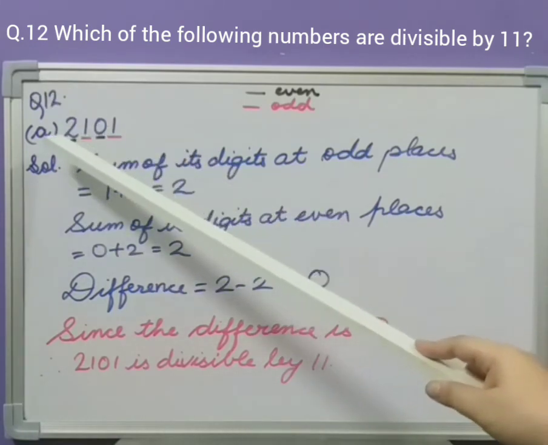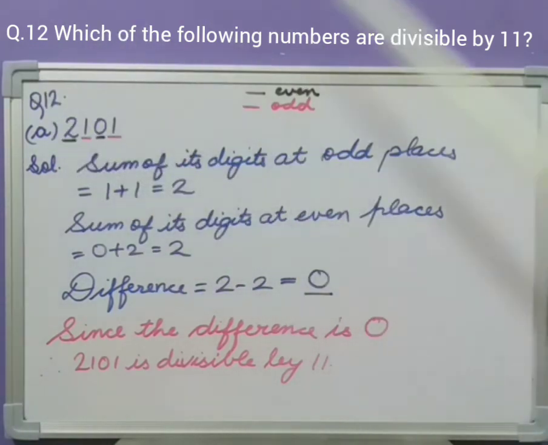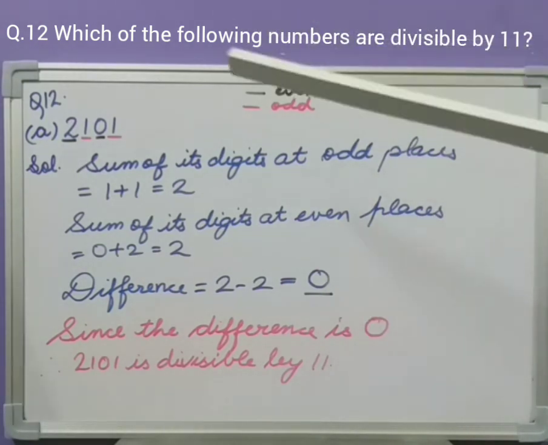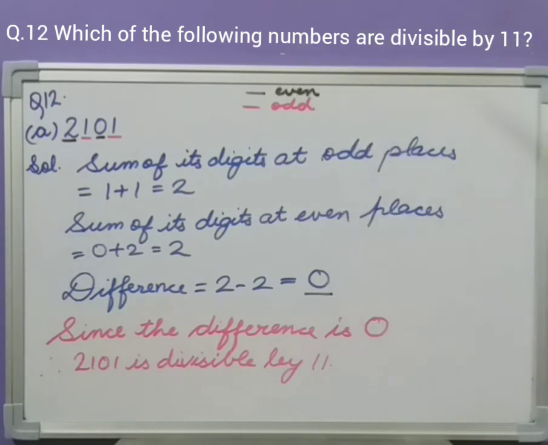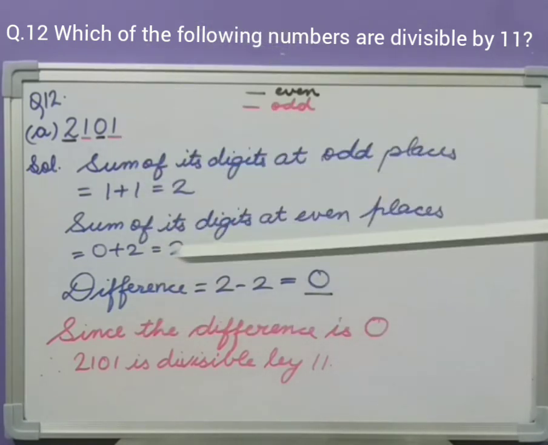These are the even places. So, we need to find out the sum of even places and the sum of odd places. After finding the sum, we need to find the difference of both. First, we find the sum of even places, then we find the sum of odd places. Then, we find the difference between them.